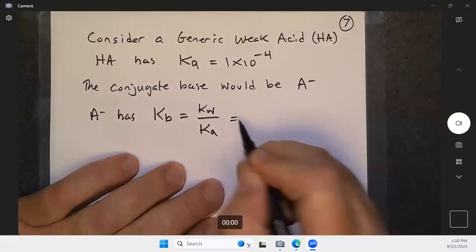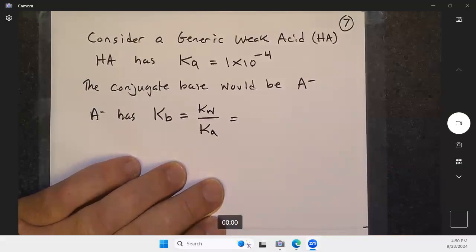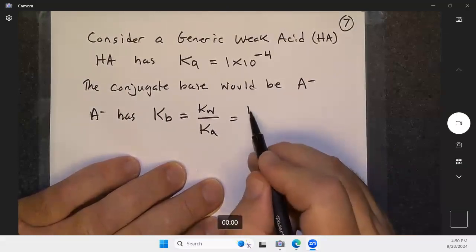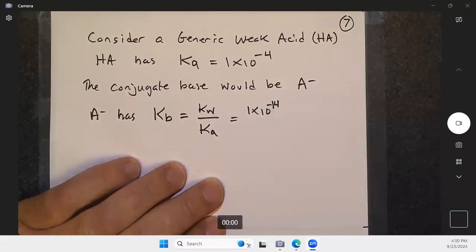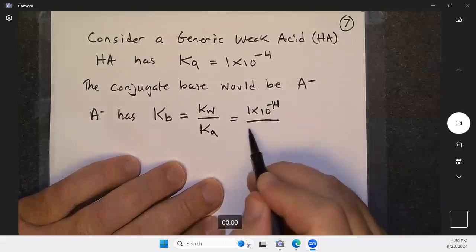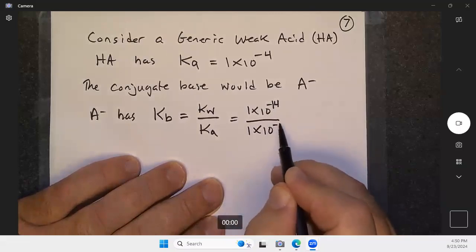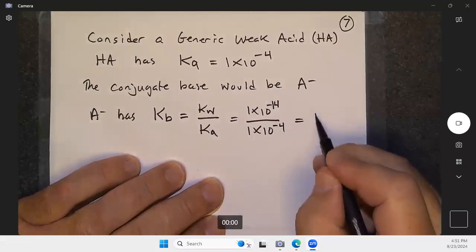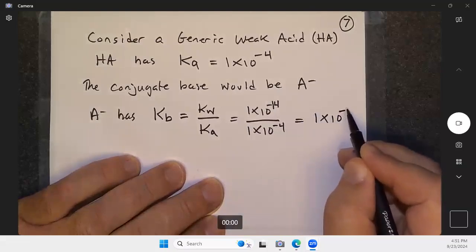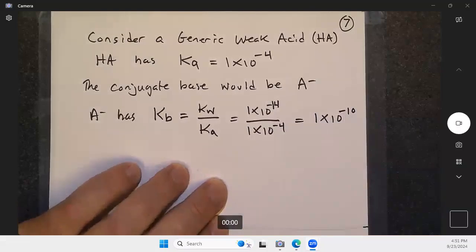So if we put the numbers in, this would be 1 times 10 to the minus 14 divided by 1 times 10 to the minus 4, which is equal to 1 times 10 to the minus 10.